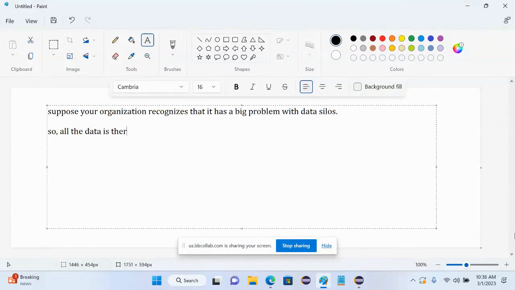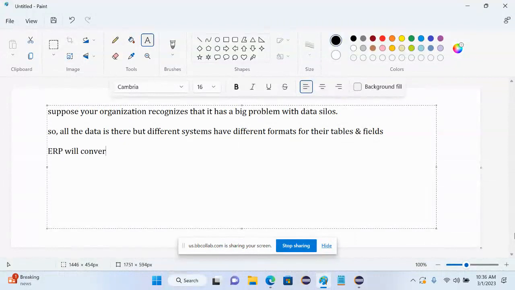All the data is there, but different systems have different formats for their tables and fields, right? So ERP will convert all of those to one standard format in one single database.